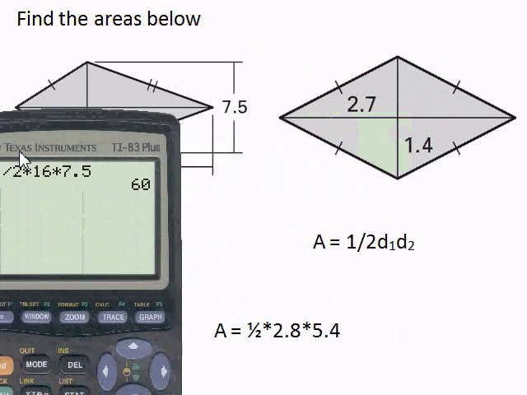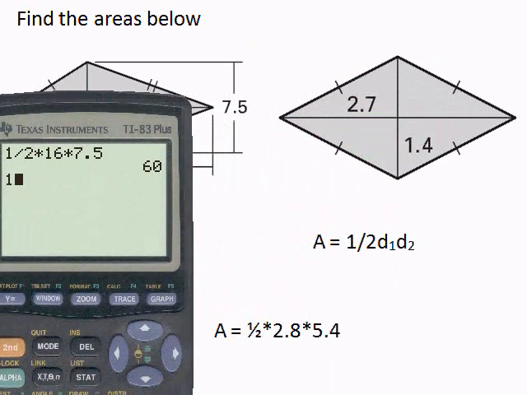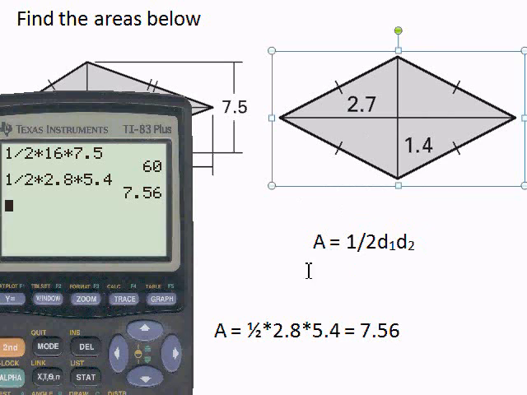Now the area of our second shape was 1/2 times 2.8 times 5.4. And we find out that that is 7.56. So there you go, you found the area of a kite and the area of a rhombus.